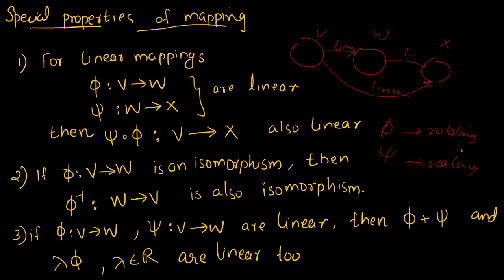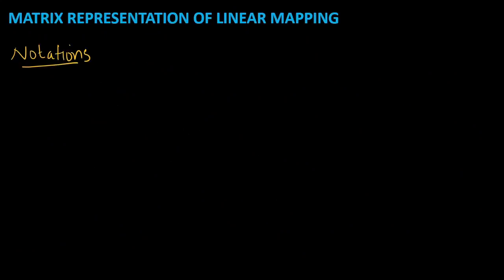Then phi plus psi means we have to rotate as well as scale, we have to do both things. And lambda phi: suppose phi is rotation by 45 degrees, then 2 phi means we rotate it by 90 degrees, like that. And if phi means scaling, then lambda phi means the quantity of scaling will be different.